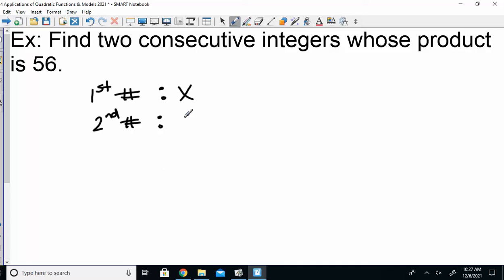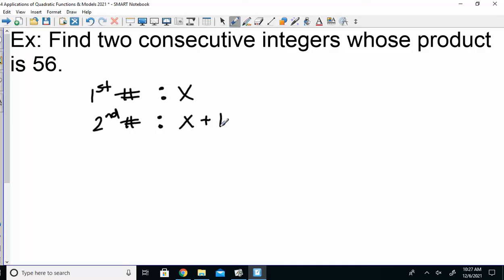Consecutive would be 3 and 4, 5 and 6, 6 and 7. So if the first one is x, what do you do to get the next one? You add 1 to get the next number. If I'm at 99, the next one's 100. So you add 1 to get the next consecutive number.